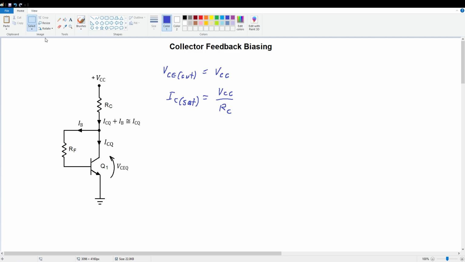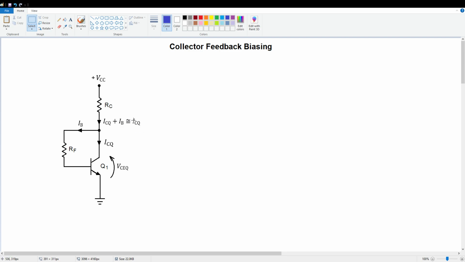All right, let me clear the boards here, and we're going to figure out the expression for ICQ. But first, let's think about this for a second. The current that flows from the power supply down through RC splits between the base and the collector. So the current through RC is ICQ plus IB.